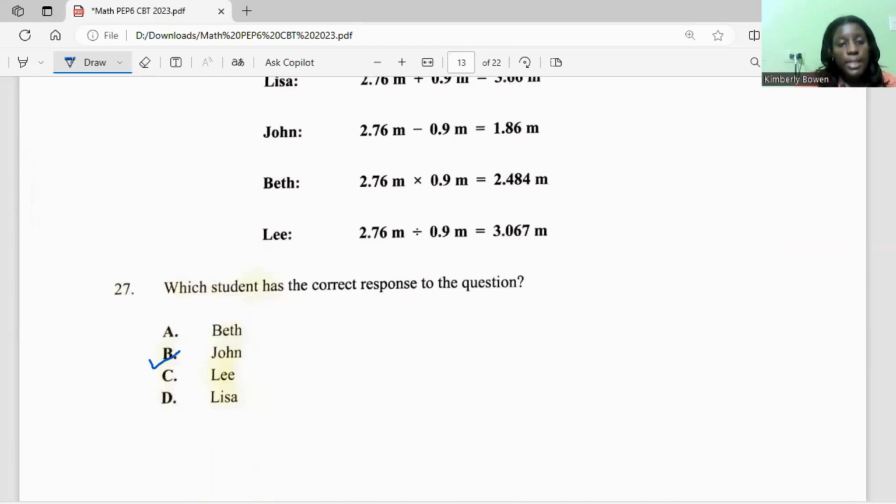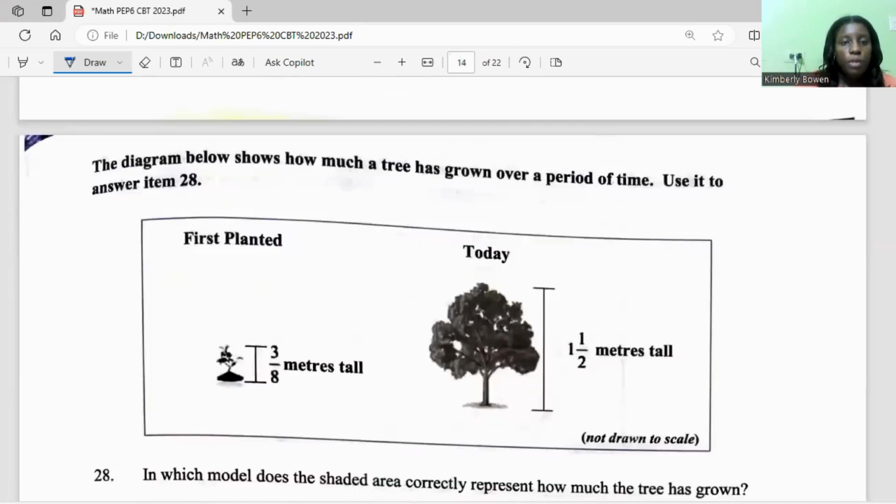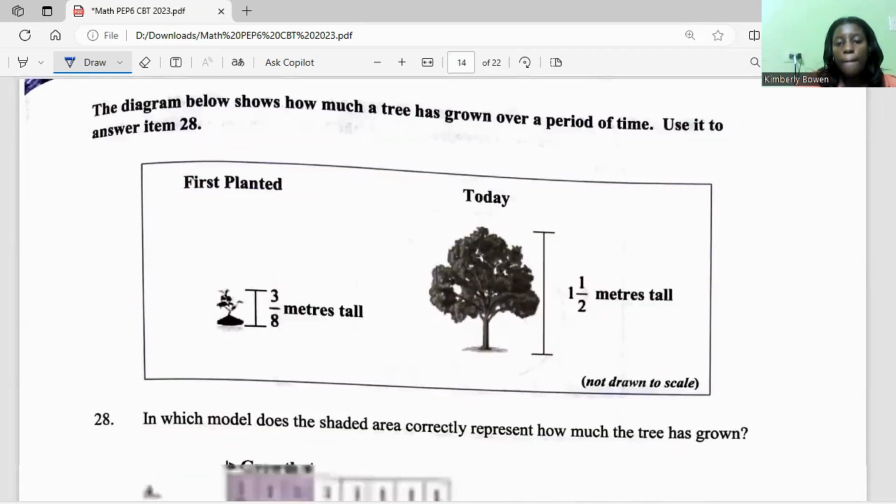Move on to 28. The diagram below shows how much a tree has grown over a period of time. Use it to answer item 28. First planted, it was 3/8 of a meter tall, and today it's 1.5 meters tall.